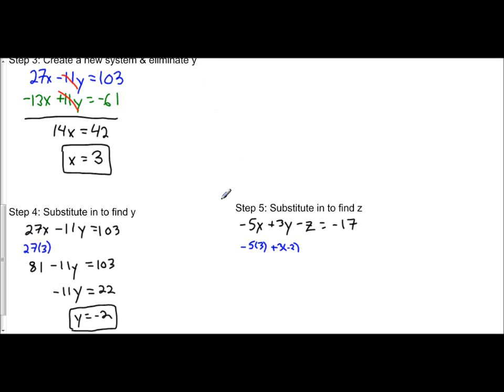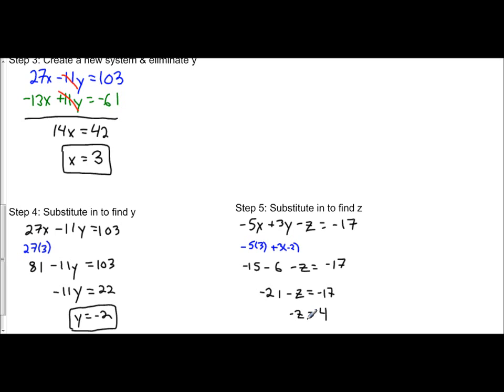And that's going to give me negative 15 minus 6 minus z equals negative 17. Negative 15 minus 6 is negative 21, so I have negative 21 minus z equals negative 17. Add 21, you get negative z equals positive 4.